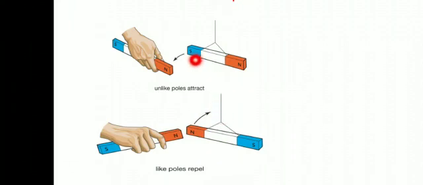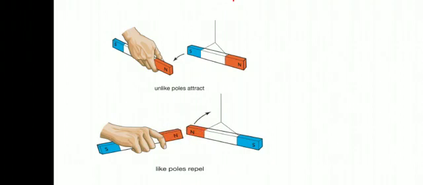So when unlike poles N and S, not the same, different poles, are brought together, they come close to each other, they attract. Opposites always attract, unlike poles always attract, right? But like poles, north and north here, always repel, they push each other.